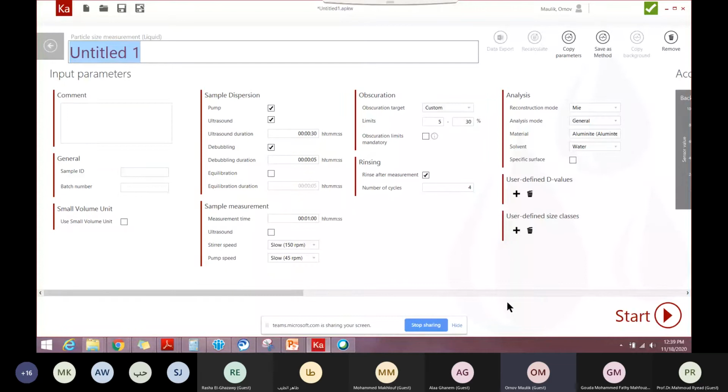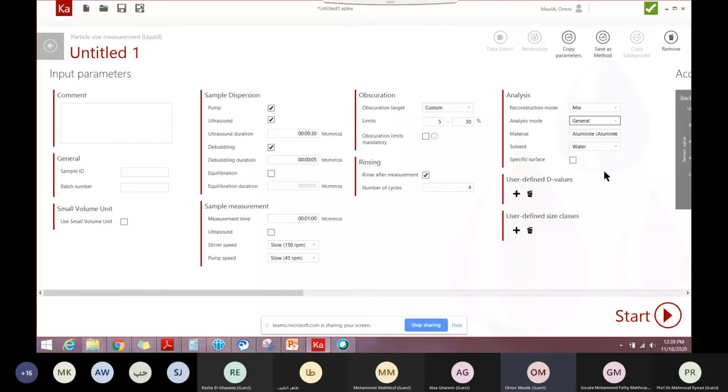Also, in our instrument, we have an auto rinsing feature, meaning you don't need to clean your system manually. The system will be cleaned automatically. Then we have different analysis modes, Mie and Fraunhofer, for the particle size distribution. And finally, you can put in some inputs about the material characterization as well as the solvent you are using.